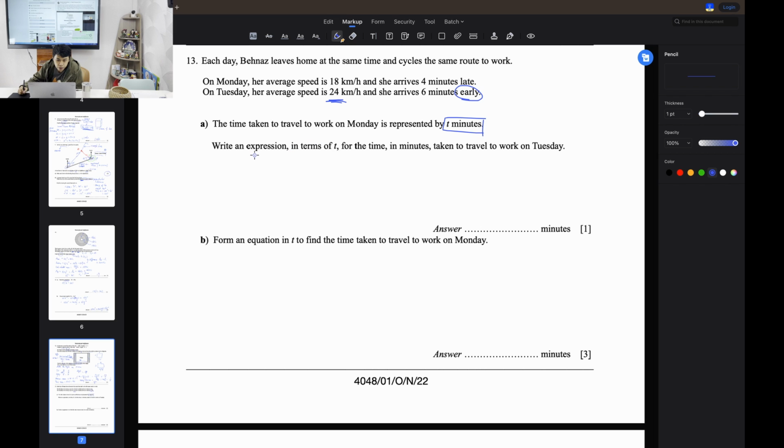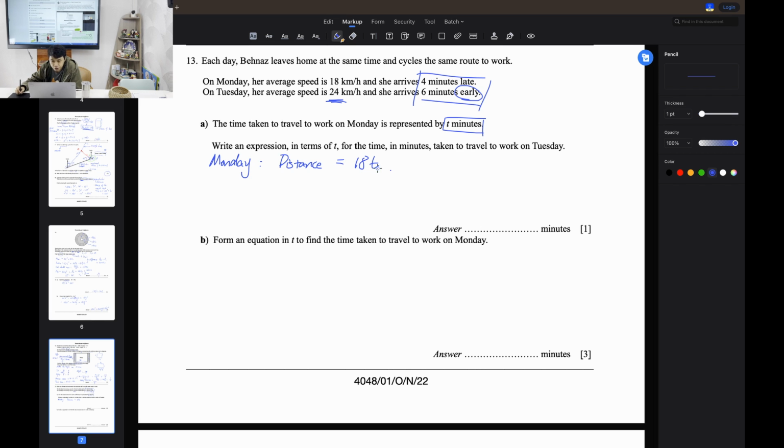So we can simply take T and then write an expression for the time in minutes taken to travel to work on Tuesday. This part we can leave out first. On Monday, she takes T minutes, so distance equals 18T, right?